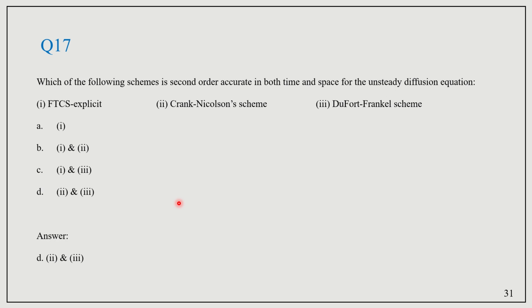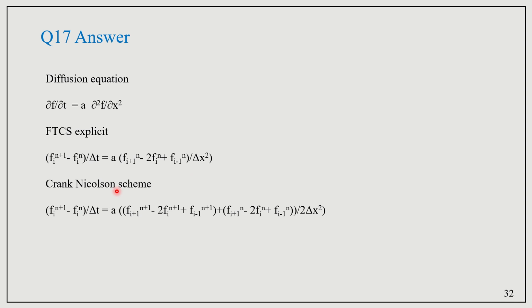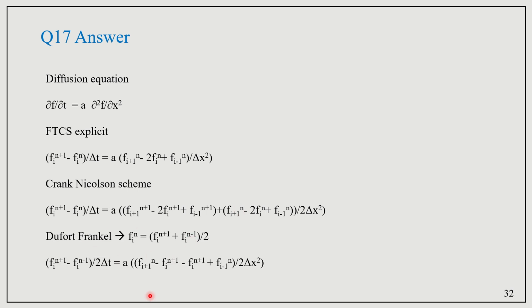Now we will go to question 17 explanation. The unsteady diffusion equation is given by dou f by dou t equal to a into dou square f by dou x square. The forward time central space explicit equation is given by this, and the Crank-Nicolson scheme equation is given by this, where it is an average of the n plus 1th time step and nth time step, and the Dufort-Frankel scheme is given by this.